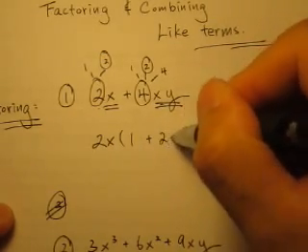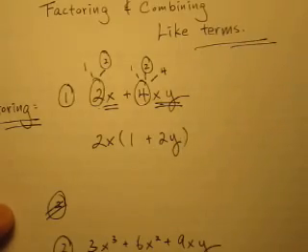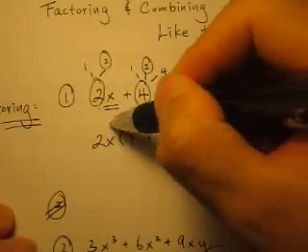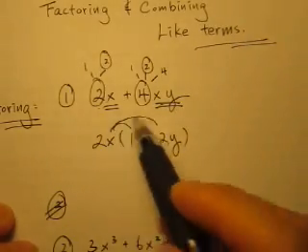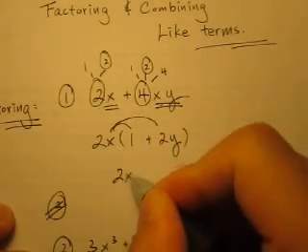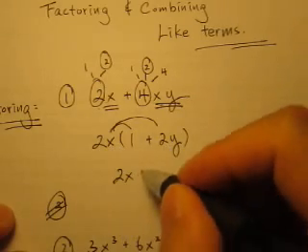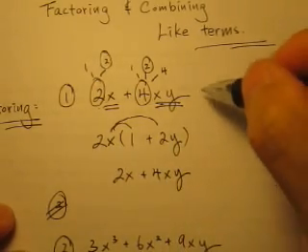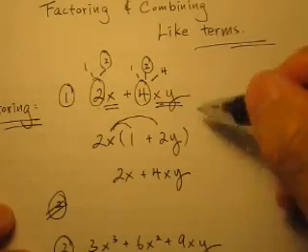The answer is 2y. Now, if you want to check if your factored form is correct, multiply 2x and distribute it back into the parentheses. 2x times 1 is 2x. 2x times 2y is 4xy. It's the same thing.